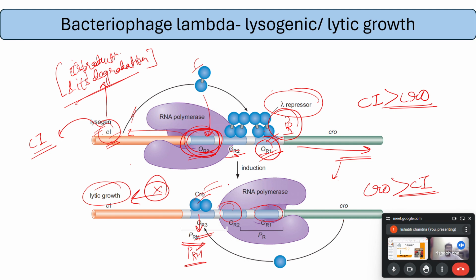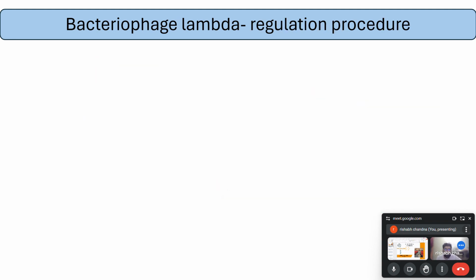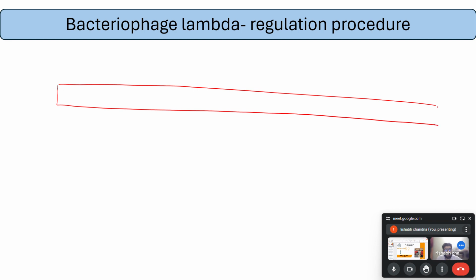Okay, now we'll study how the cycle happens, so we'll draw it. In the middle we have the C1 protein. On its side this is the PRM, and on its right we have PR.